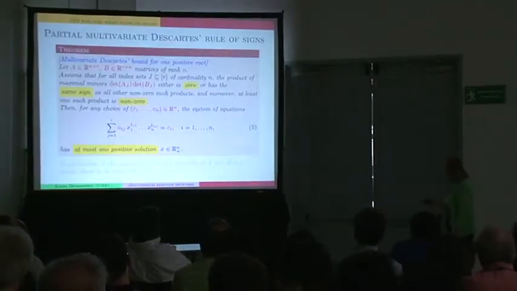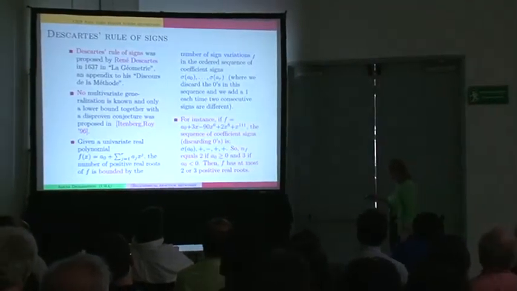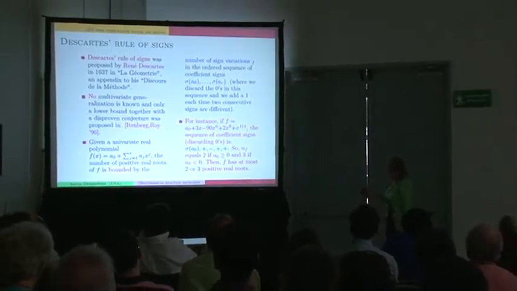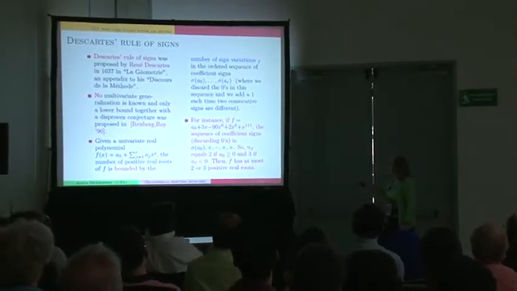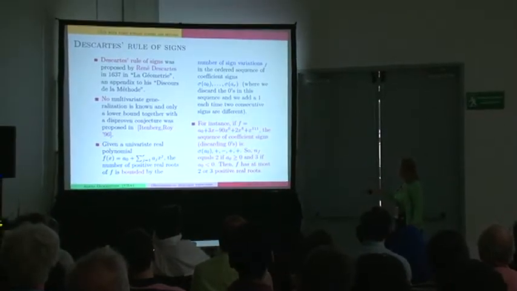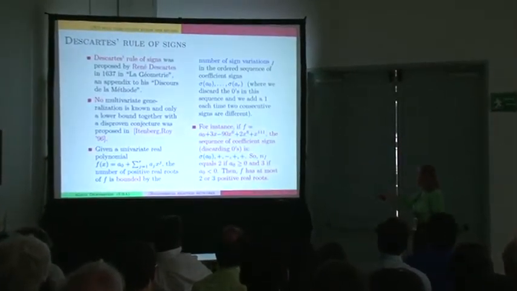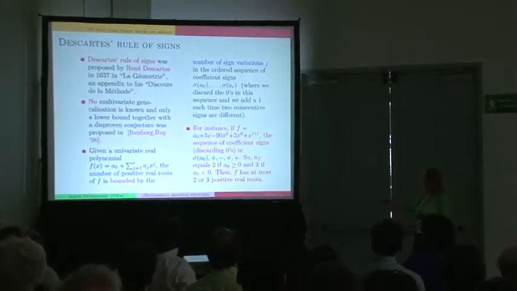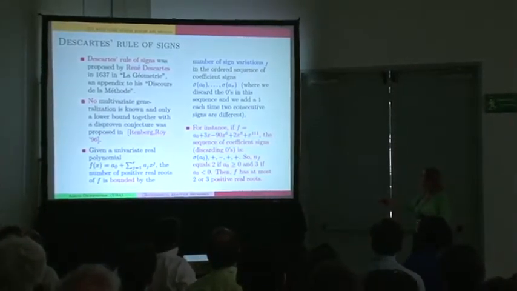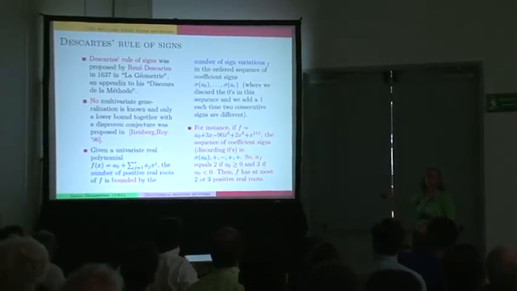Let me give you an example. Assume that f is this polynomial here. So there is a plus, minus, plus, plus. So we record just the sign, so that we don't know the sign of A0. I just wrote the sign of A0. Plus, minus, plus, plus. So here there's a sign change; if there are zeros, we don't consider them.